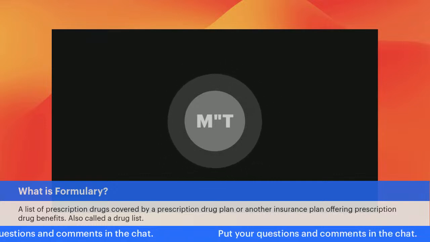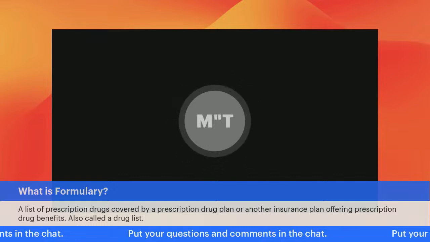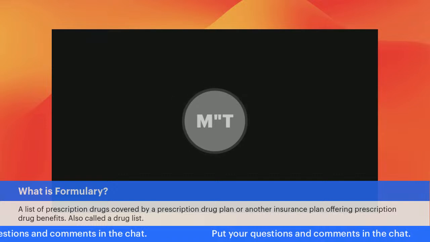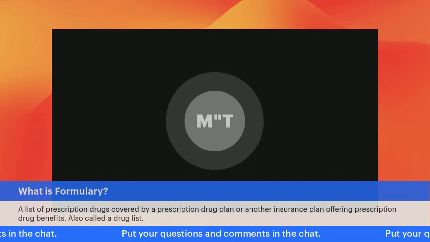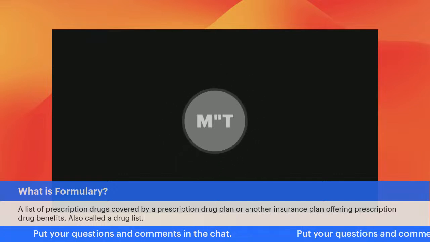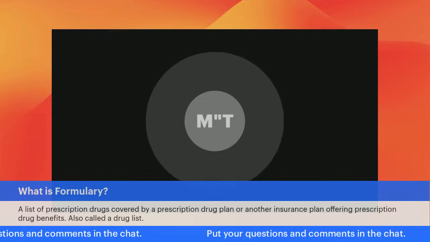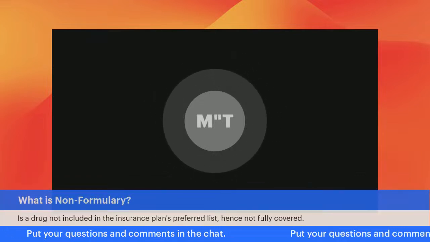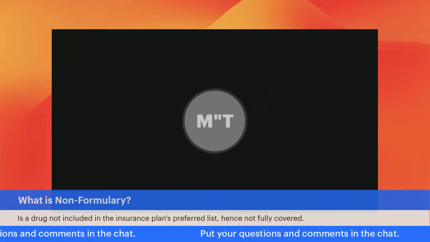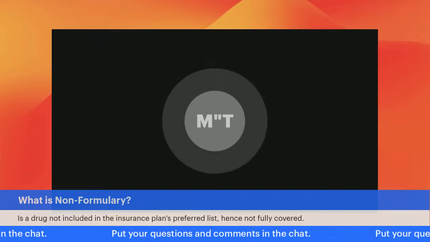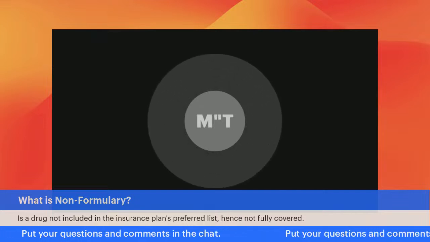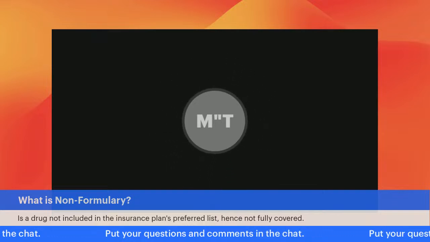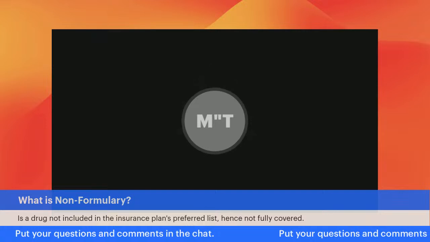When it's on formulary and it's a Medicare plan, that becomes a Medicare Part C plan, right? It's just a list of covered medications, right? So you have 2 parts, formulary and non-formulary. Non-formulary means it's not covered, right? Or ladies and gentlemen, if it is covered, it's covered at a reduced rate.